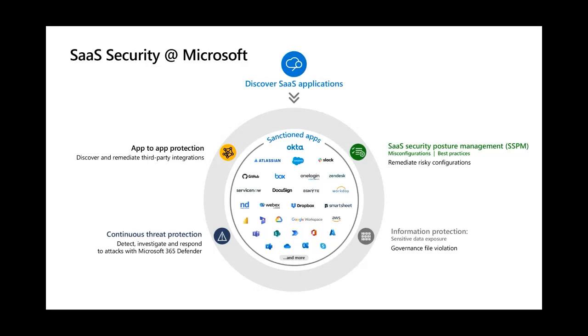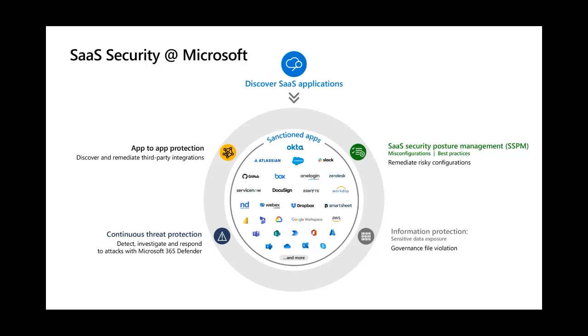This has really amped up the threat protection, not only for SaaS apps, but enabling customers to have a holistic view into all of their alerts across each workload in endpoint, identity, email and collaboration, and now SaaS apps. And you're able to create advanced hunting queries, custom detections, and all of that goodness an XDR platform has to offer.